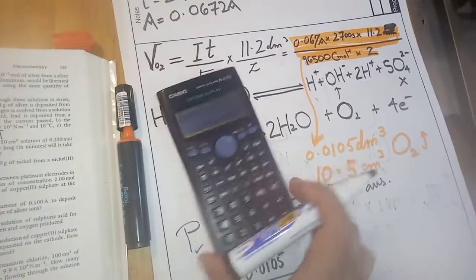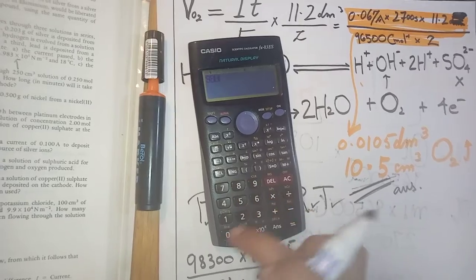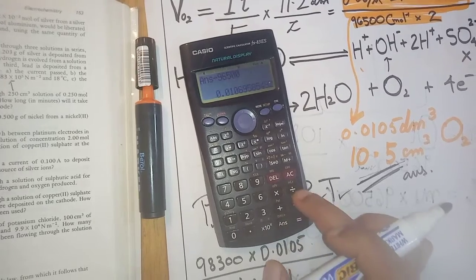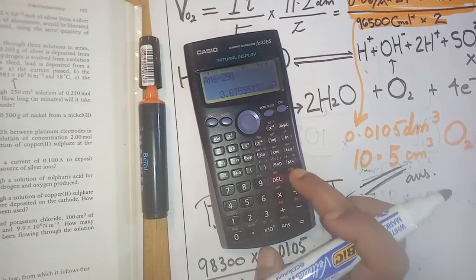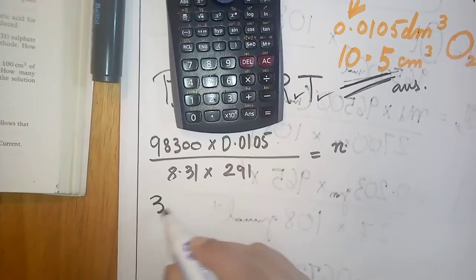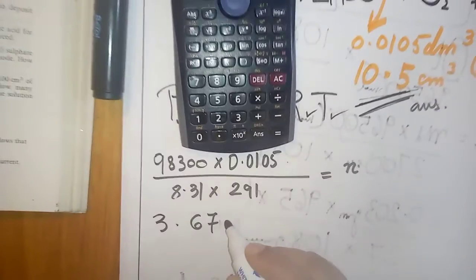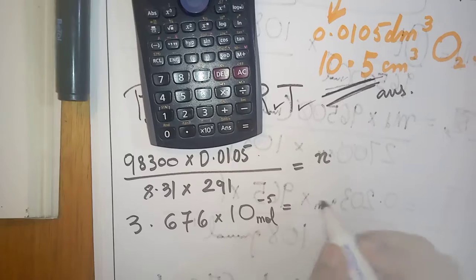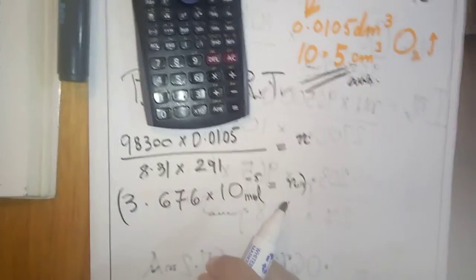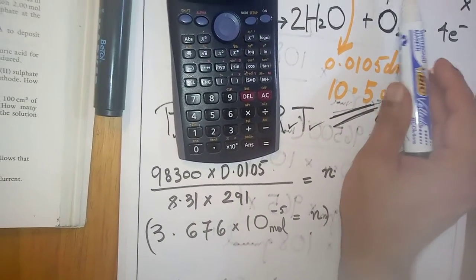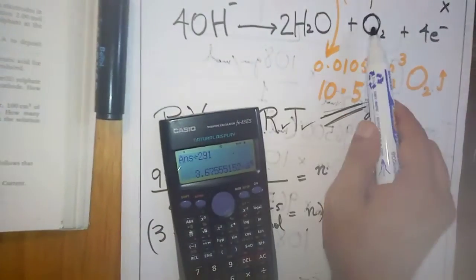The number of moles of oxygen would be... So this means this much was liberated from 4 moles of this.